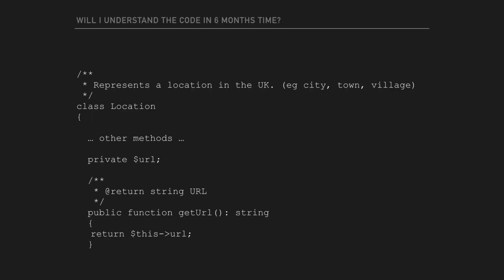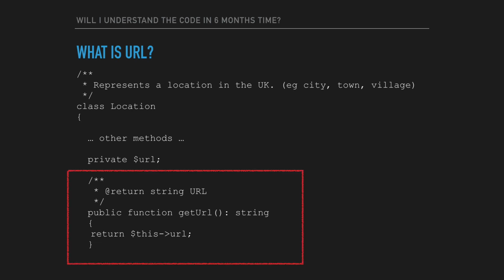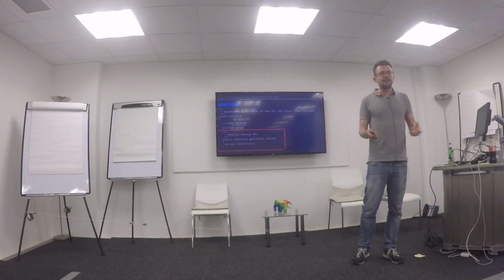What about this one? We've got an object called location. It represents a location in the UK, like a city or a town, like Bristol or Bath or Weston-super-Mare. One of the things we've got on it is a URL. What is a URL for a town or a city? What does get URL return? I don't know.